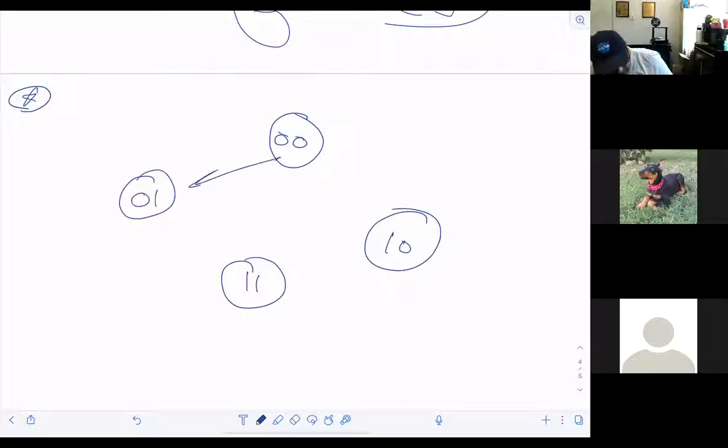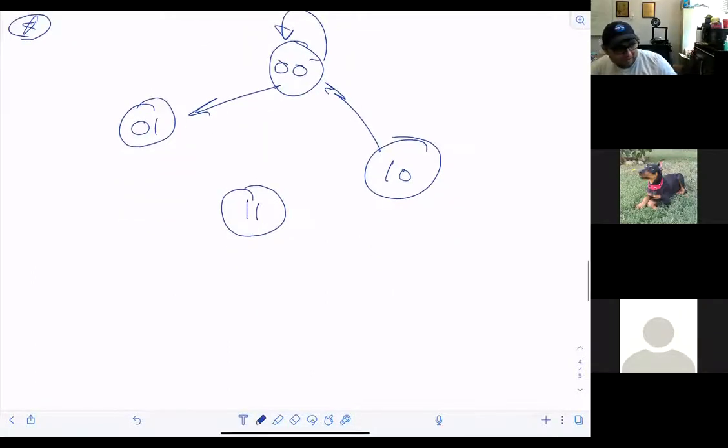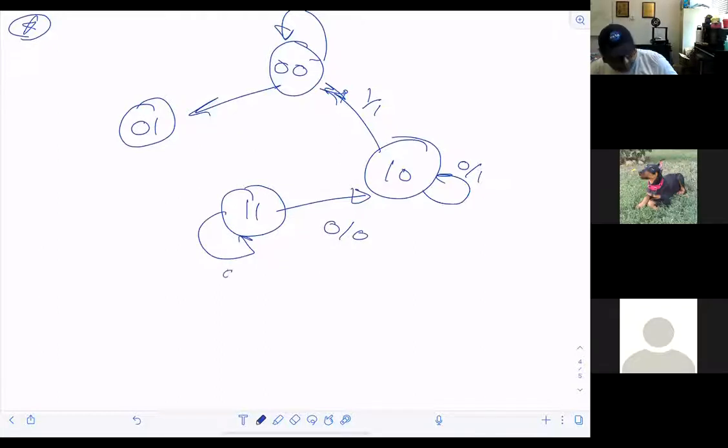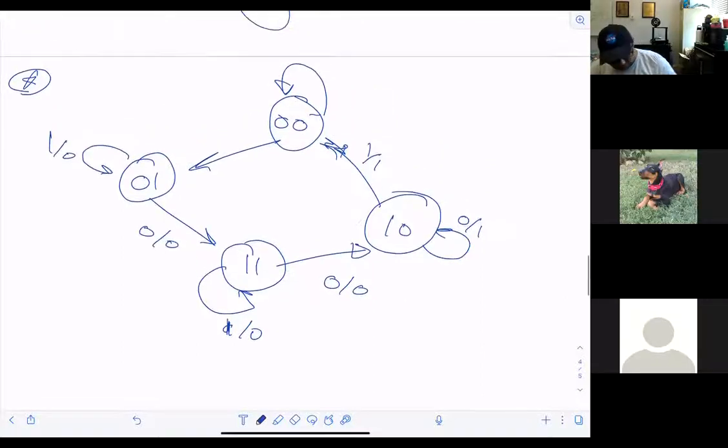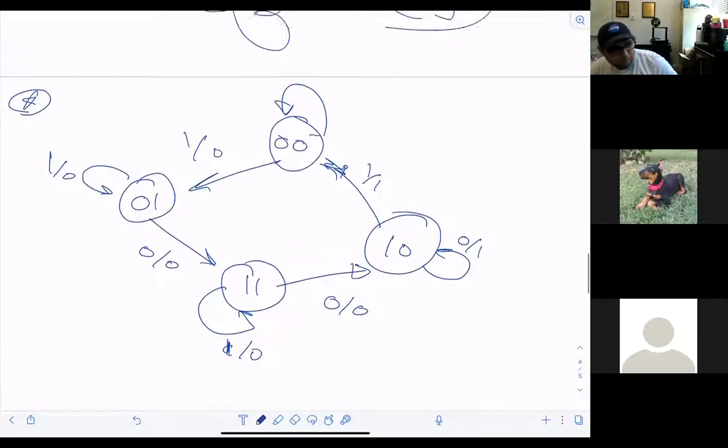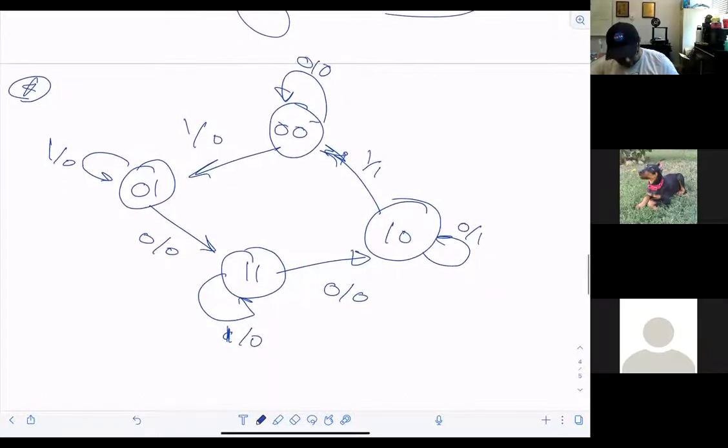This is going like this, this is going like that, this is like this, and this 1 1, 0 1, 0 0, 1 0, 0 0, 1 0, and 0 0, and that's it. So are those one input, one output then?